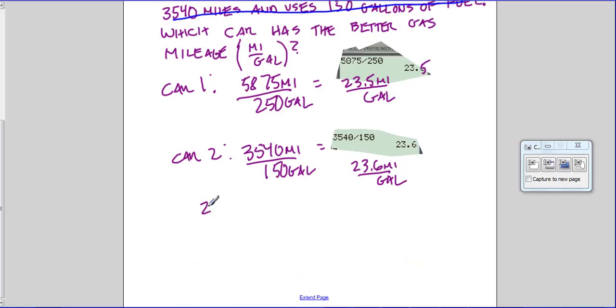If you want to compare 23.6 to 23.5, you can line up the decimal points and go digit by digit. They're equal here, but this 6 is bigger than this 5, so 23.6 is greater than 23.5. So car 2 gets better gas mileage.